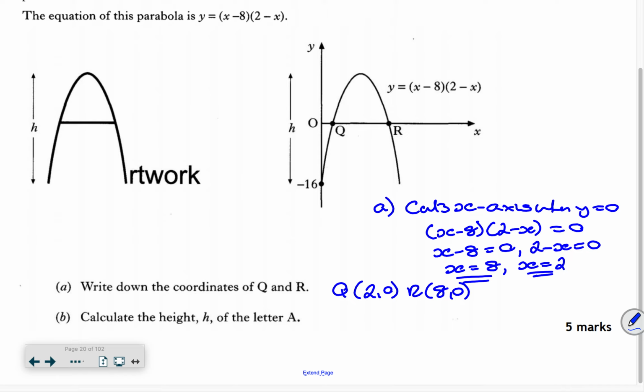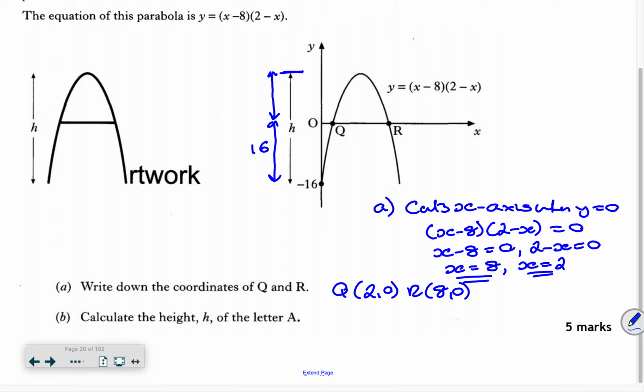Then it says calculate the height of the letter A. So the height is going from minus 16 here all the way up to the very apex of the parabola. Well, I know that from minus 16 to 0, that's a distance of 16. What I now need to do is find out the rest of the height.